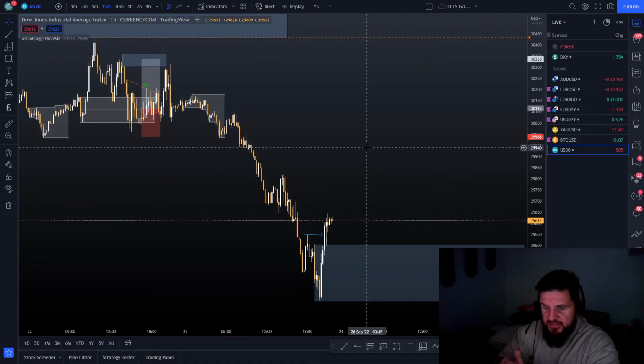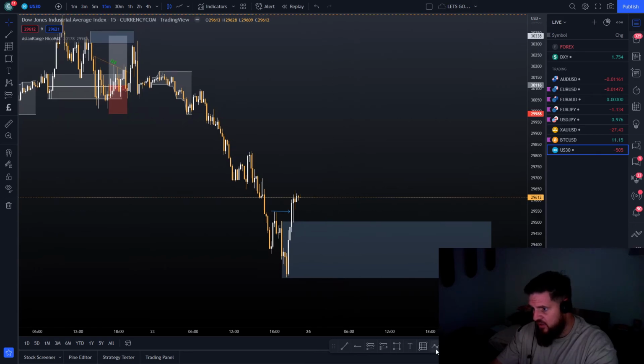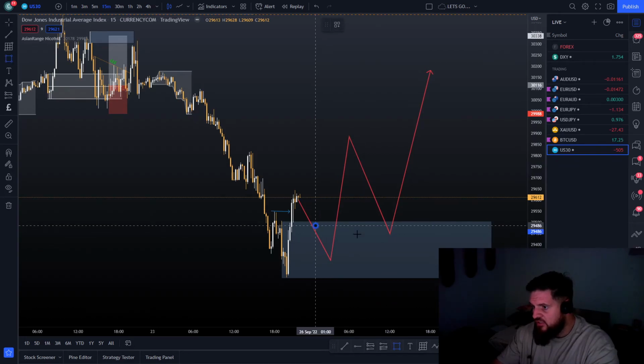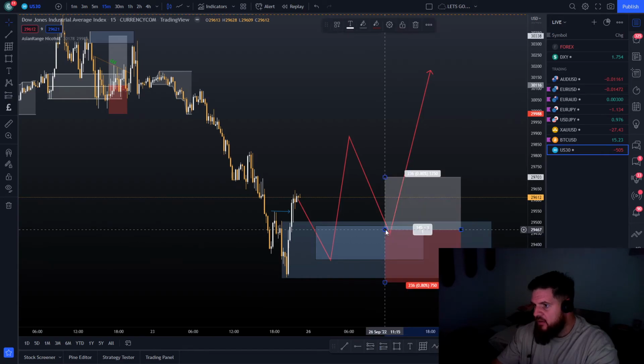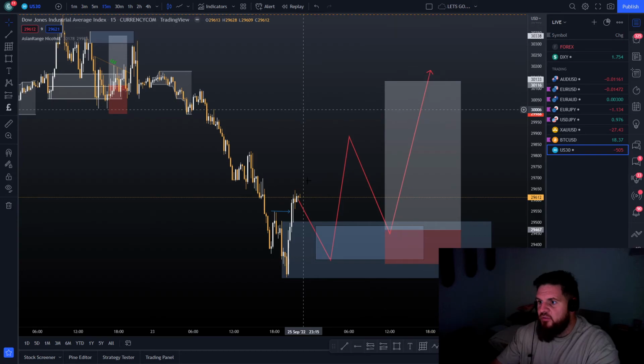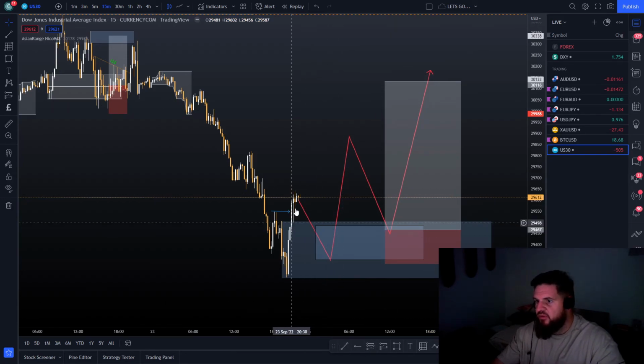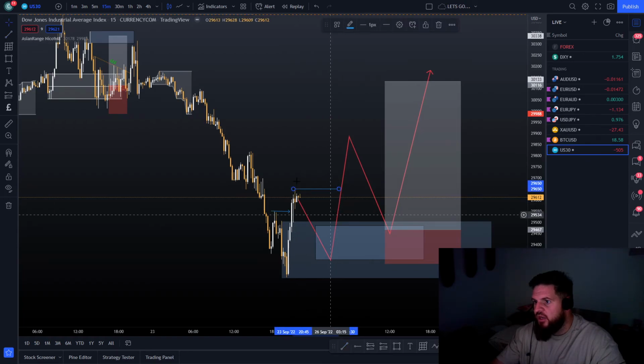Anything counter trend, as a bit of a tip, wait for a second break of structure. That's a real good way of deciding whether or not to enter, because that will give you a real good indication that we are going long.